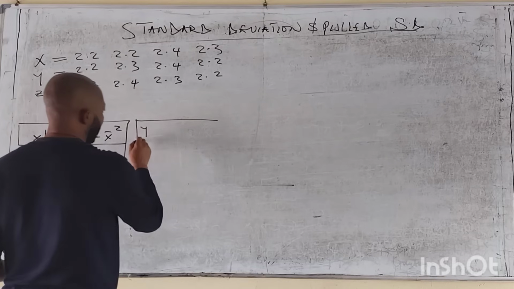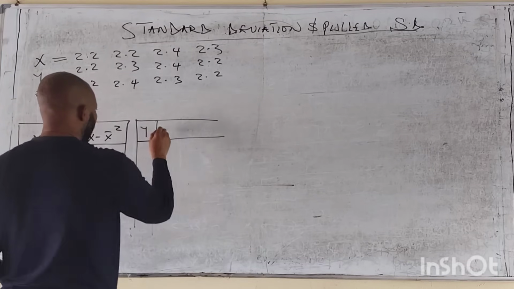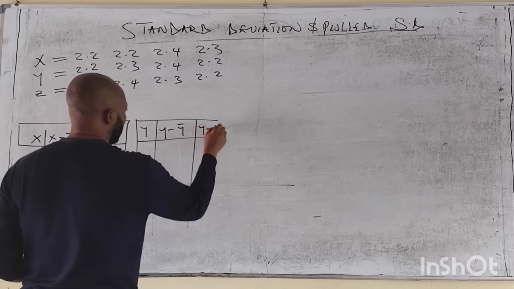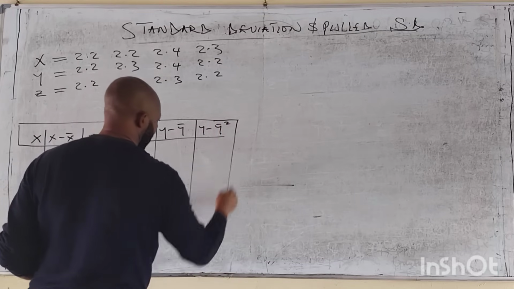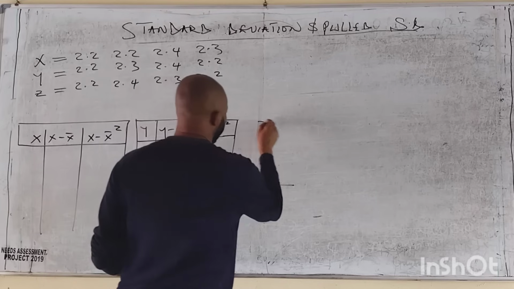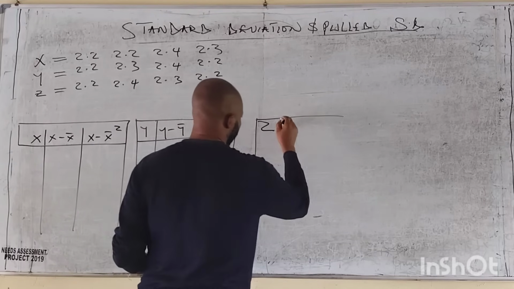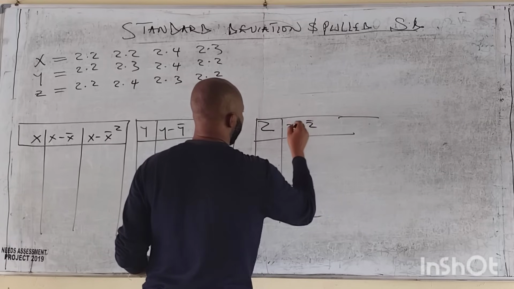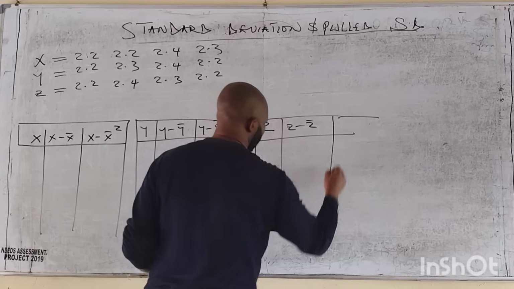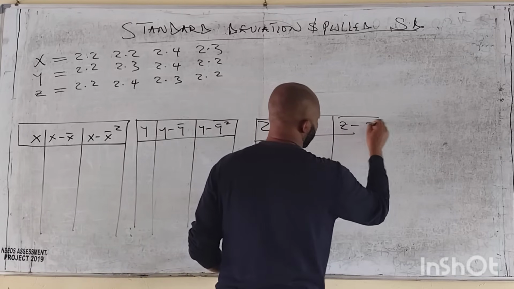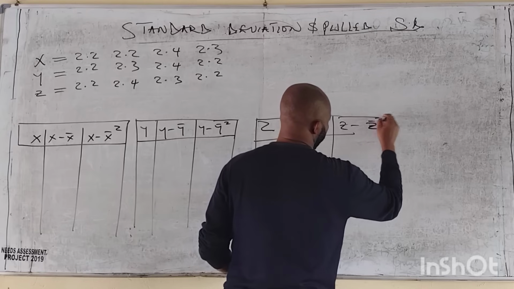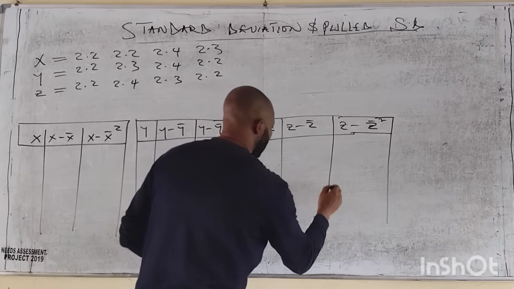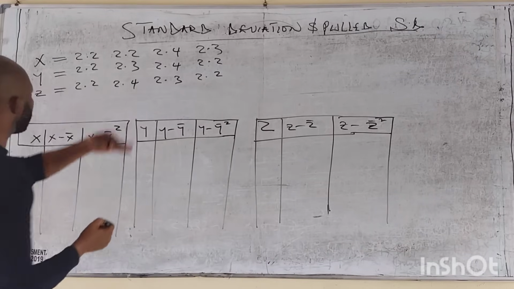My y minus y mean, y minus y mean squared. z minus z bar, that's z mean, z minus z bar squared. So these are all the parameters we're going to be dealing with. So let me put them down.